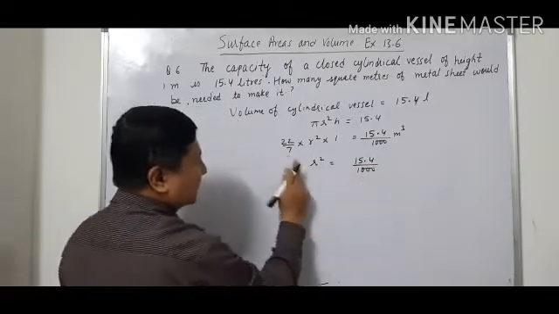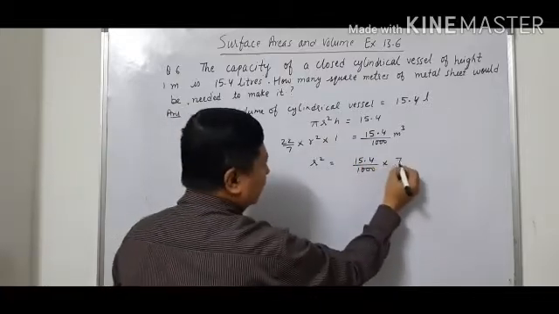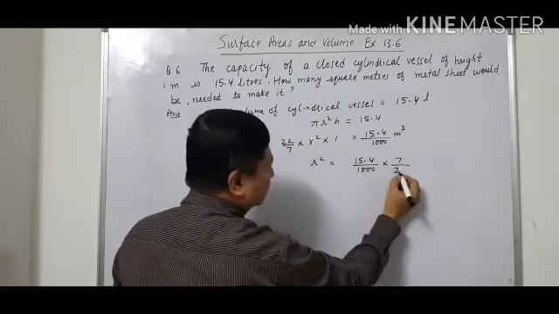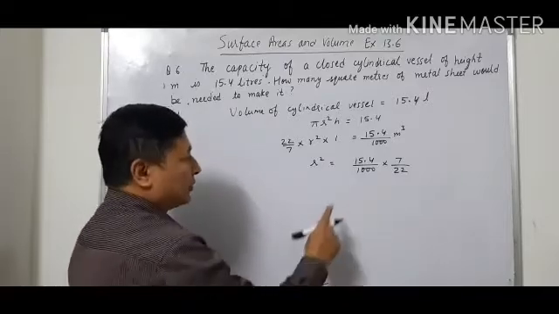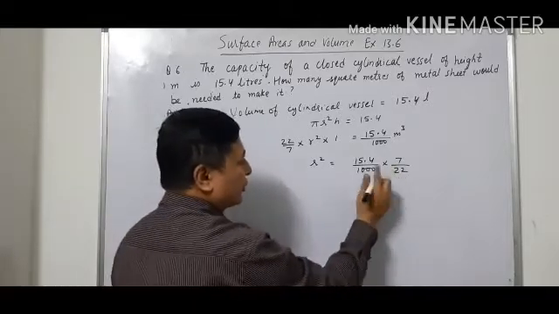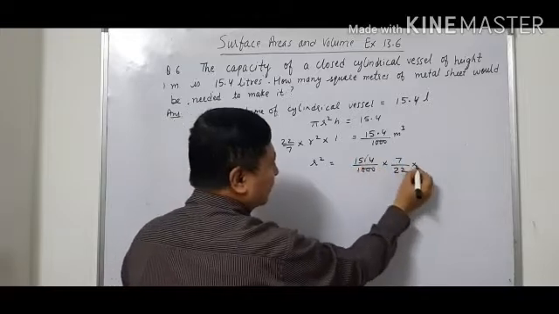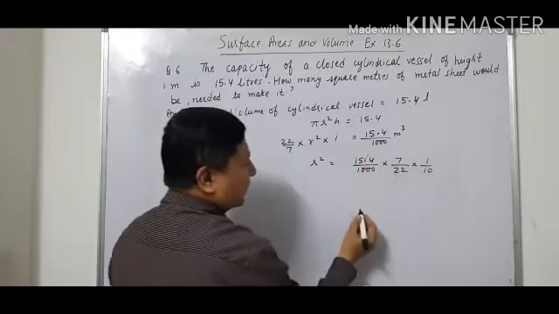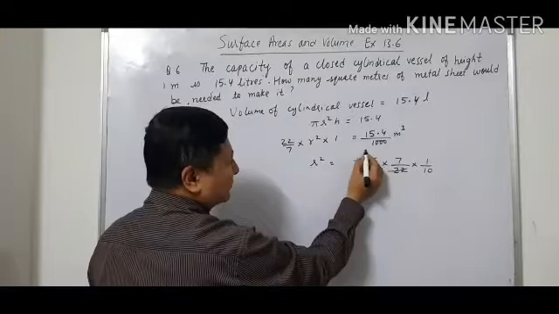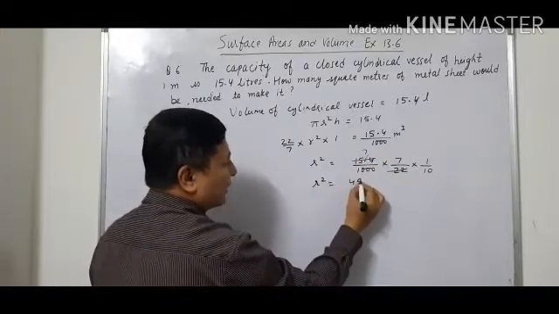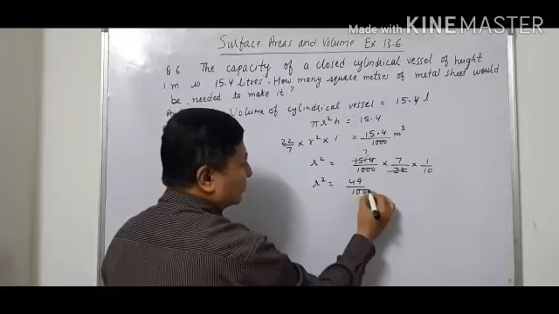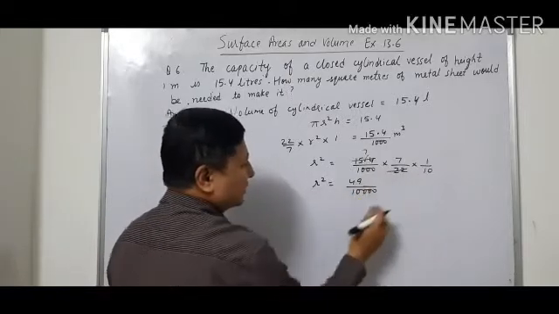So r square will be equal to 15.4 upon 1000. Now we will do cross multiplication. 7 will go up and 22 will come down. So this is 15.4 upon 1000 into 7 upon 22. If I remove the decimal point, we will get 1 upon 10. Now 22 sevens are 154. So r square will be equal to 49 upon 10,000, as 1000 into 10 is 10,000.